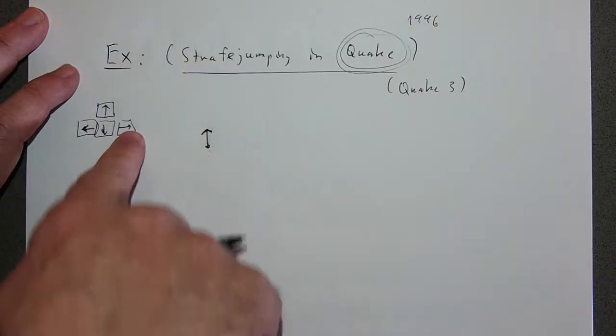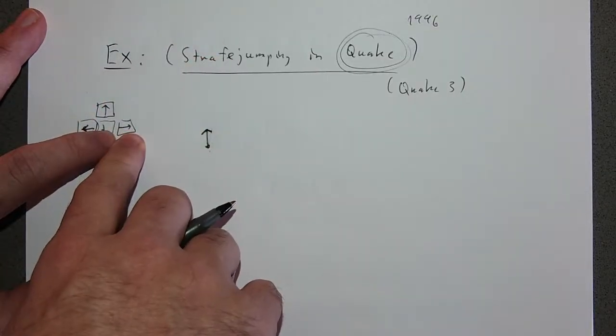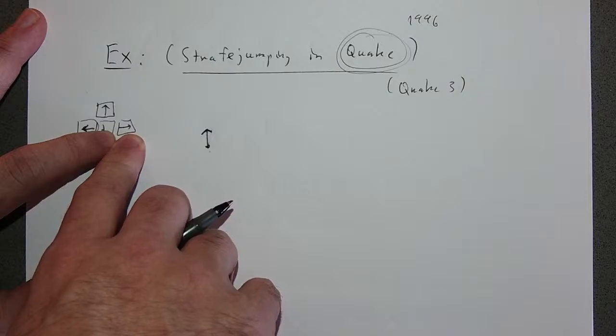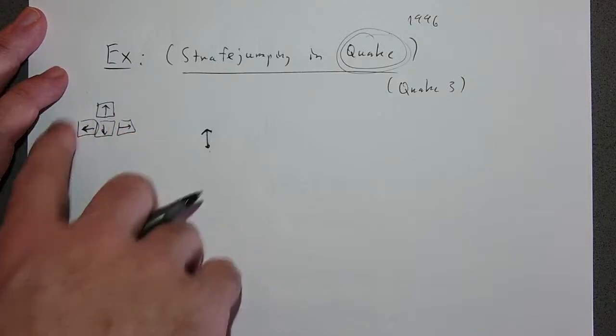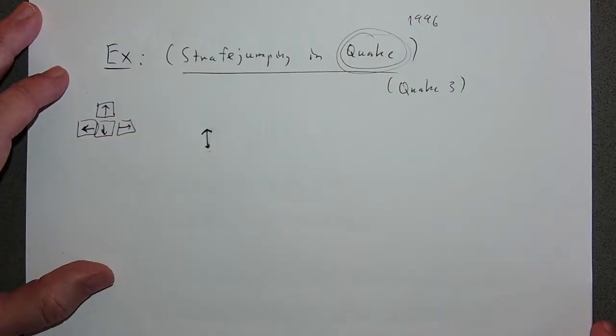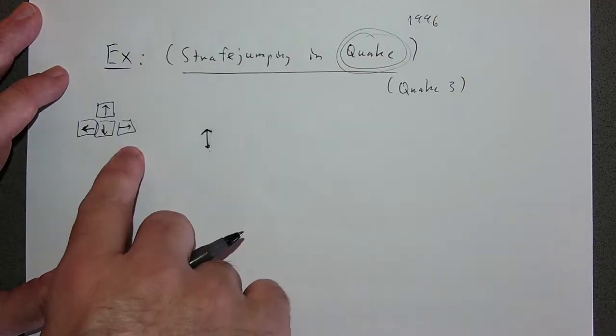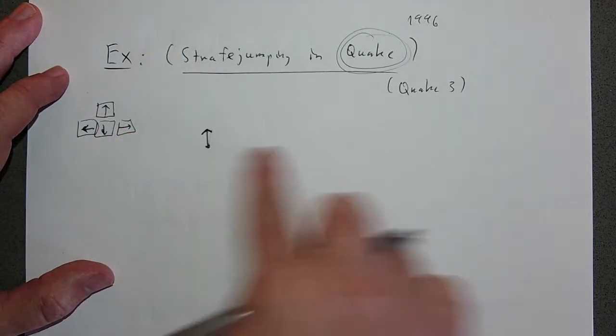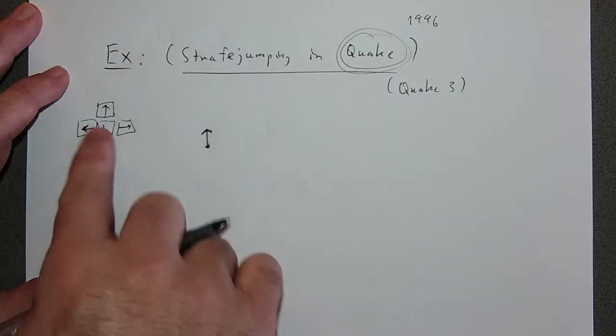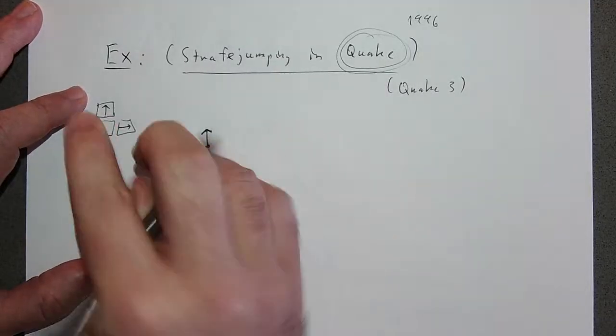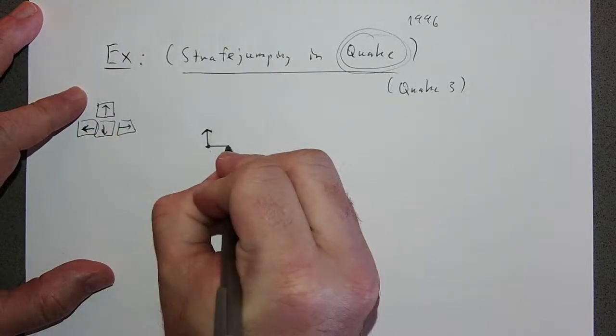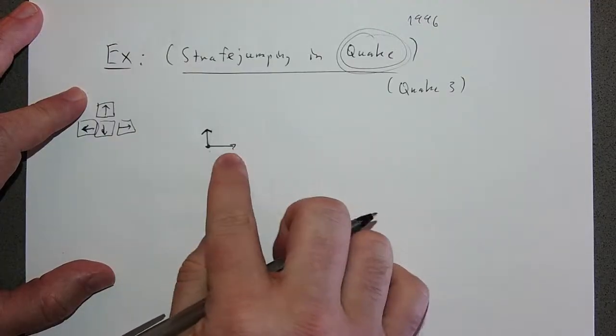If I hit this right key, and this is a strafe-control FPS, not a turn-controlled FPS. So in ancient times, when you hit the right key, your character would turn rather than strafe. But the way that this is going to work is that when I hit the right key, my character just moves right. Okay, strafes right.